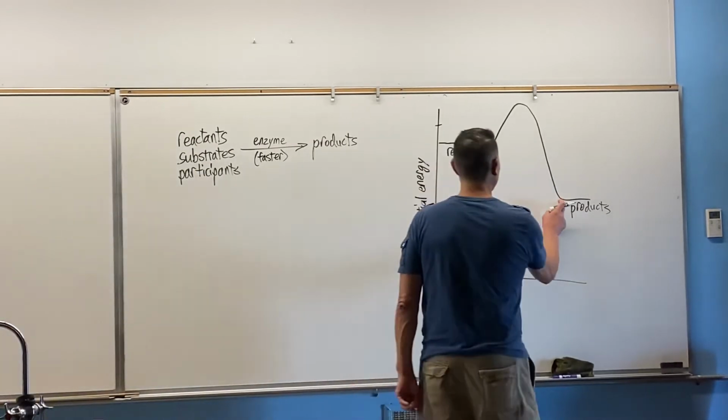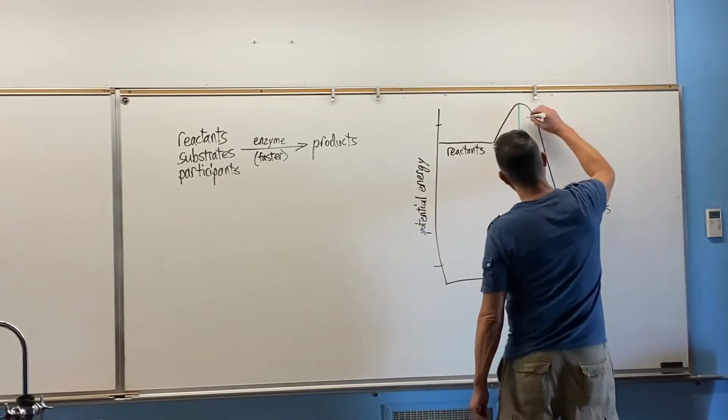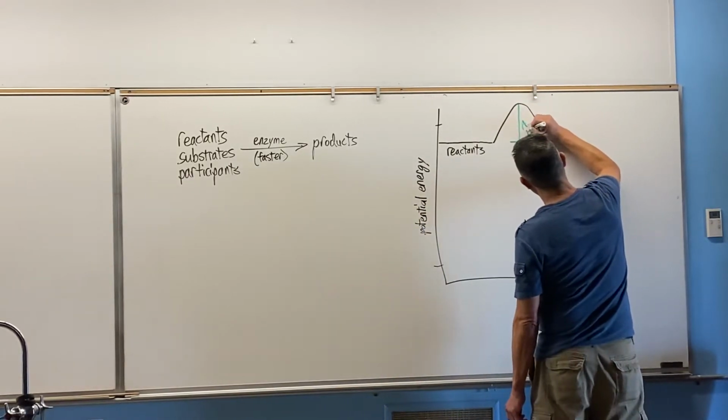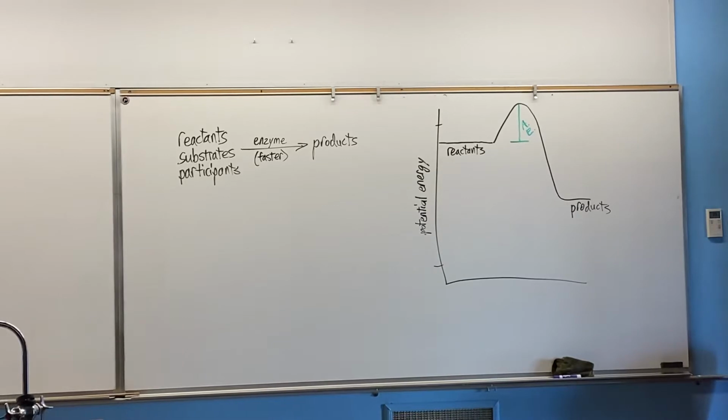It can't get down here until it gets up and over the hill. Activation energy. What enzymes do is they lower the activation energy. So here, do you see this kind of looks like what I have on the whiteboard? That hill is the activation energy. If you have an enzyme, the hill is shorter, and the reaction rates will naturally speed up because you don't have to put as much energy in to make it go through.